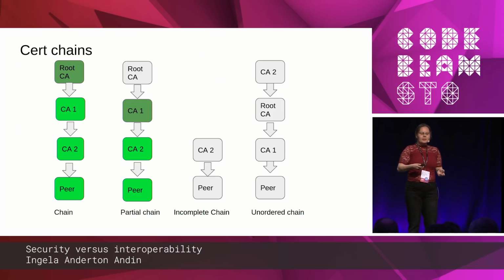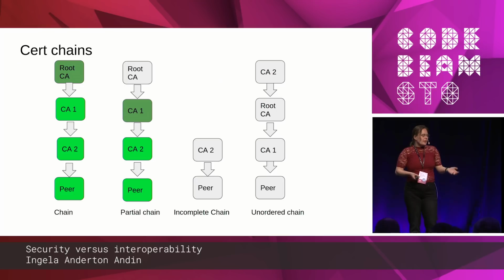But as it's complicating building the chains, some software would build them incorrectly, and they would leave it up to the user to configure it correctly, which is not a great thing. So configuration errors led some TLS implementations to start to accept other types of chains, like this incomplete chain.